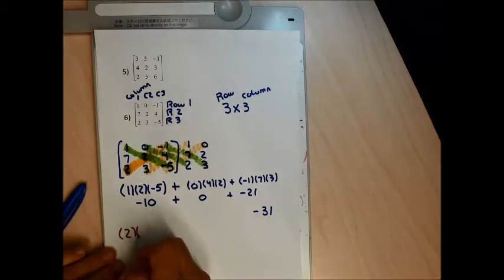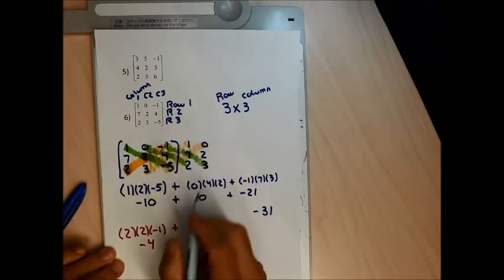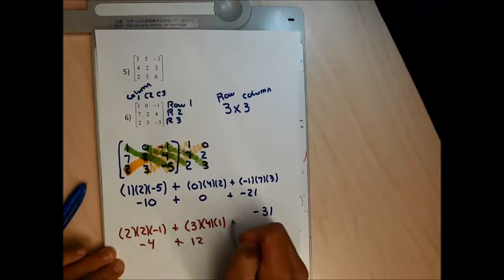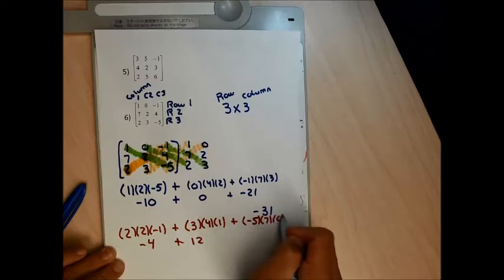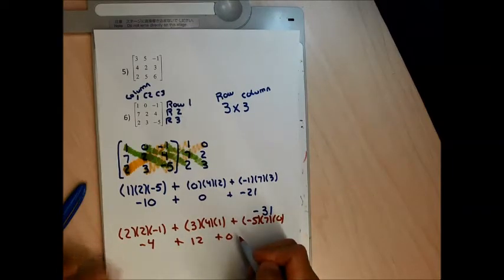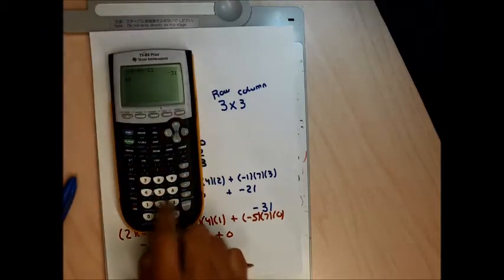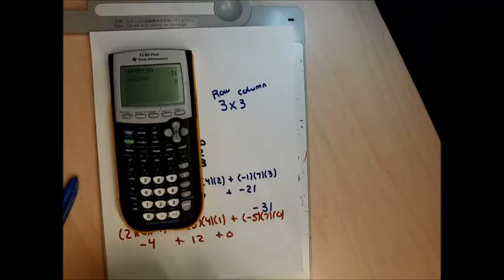I'm going to go 2 times 2 times negative 1, which is negative 4, and then 3 times 4 times 1, which is positive 12, and then negative 5 times 7 times 0, which is plus 0. And for these, negative 4 plus 12 plus 0, I get 8.